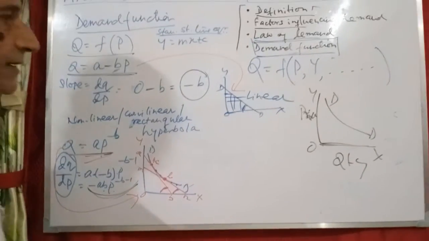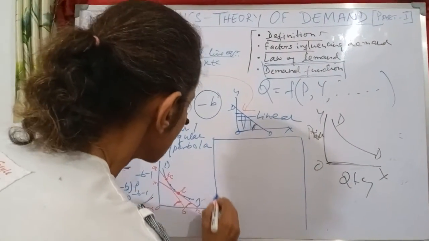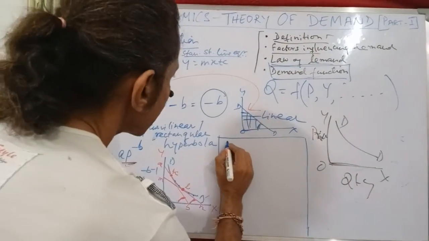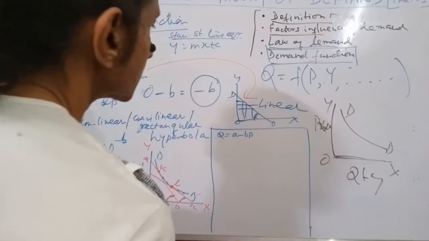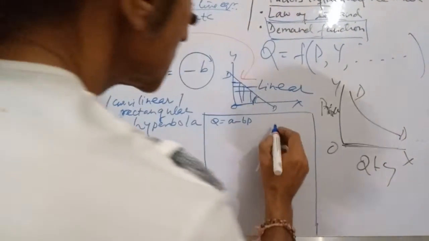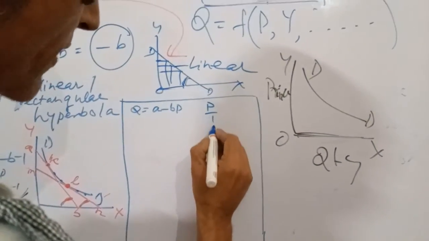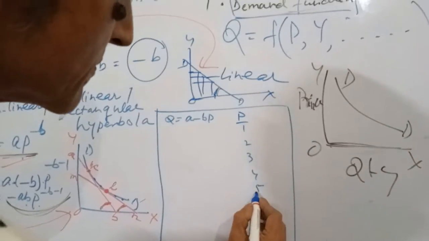Now we can take one numerical example to see how it is working. Q equals A minus BP. Suppose P is 1, 2, 3, 4, 5.